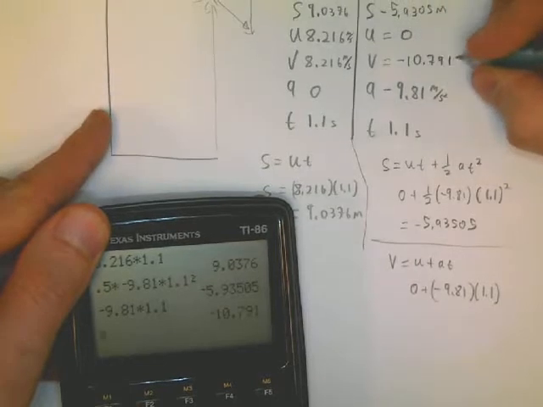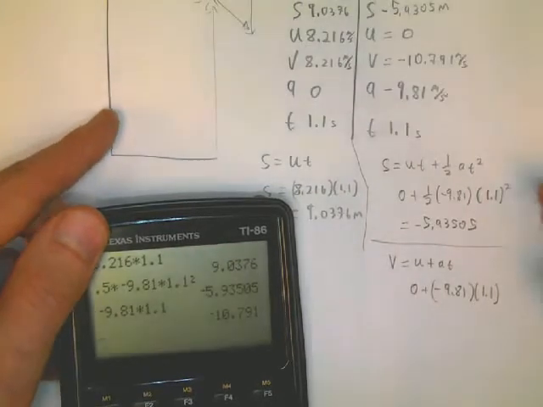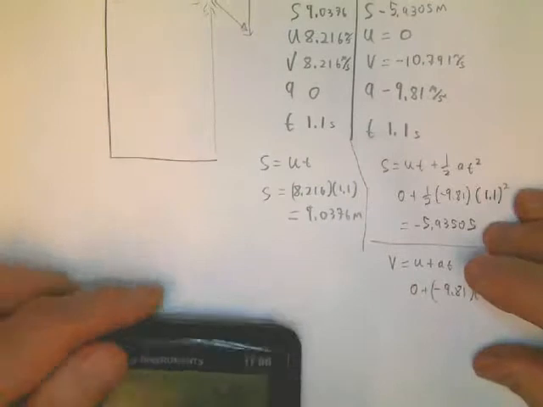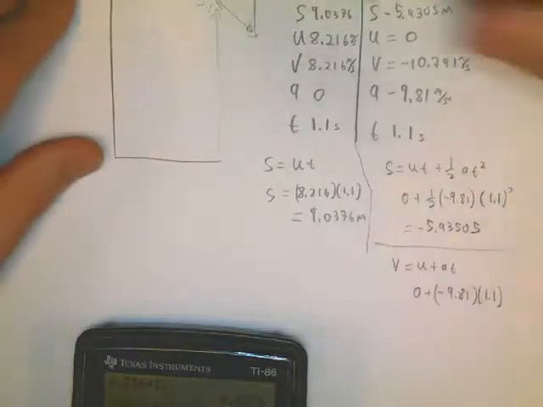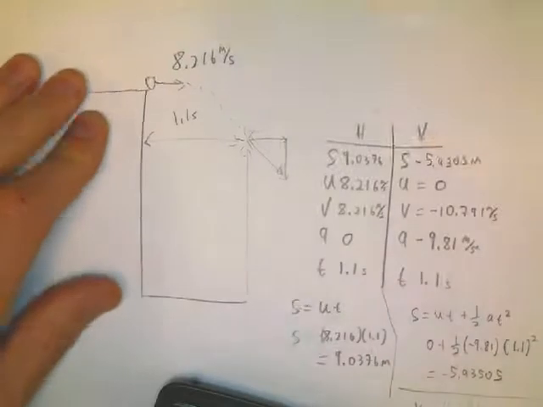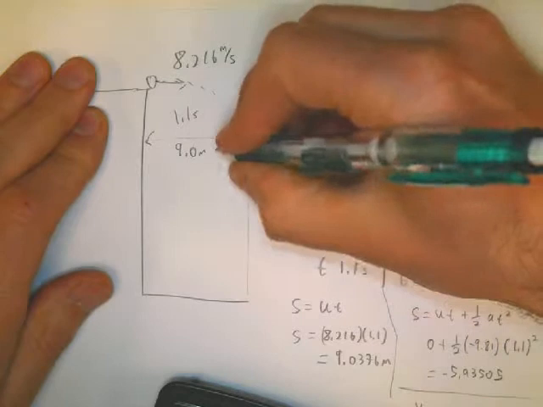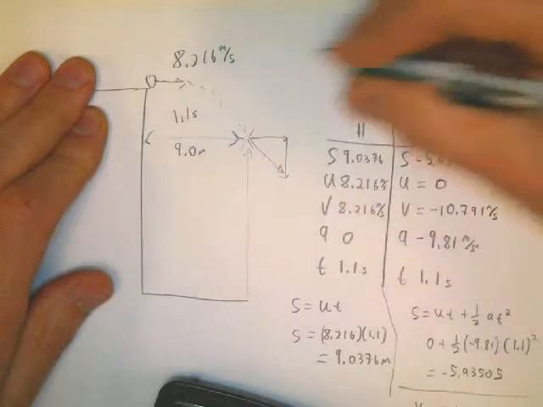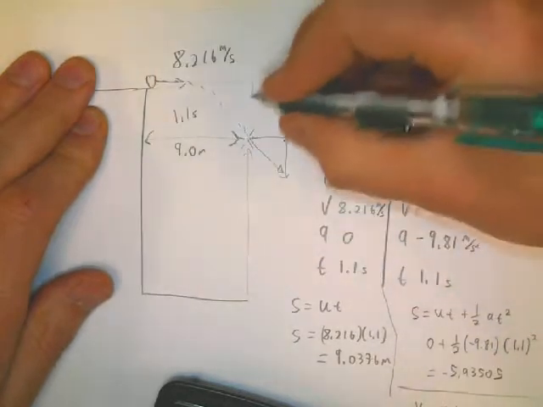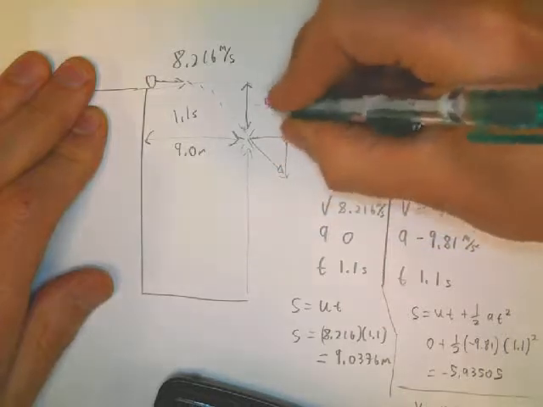And now we're all ready to give the position of this thing. I know exactly where this thing is. Horizontally, it's over here, 9.0 meters over. And I know that the displacement down here is -5.9 meters down.